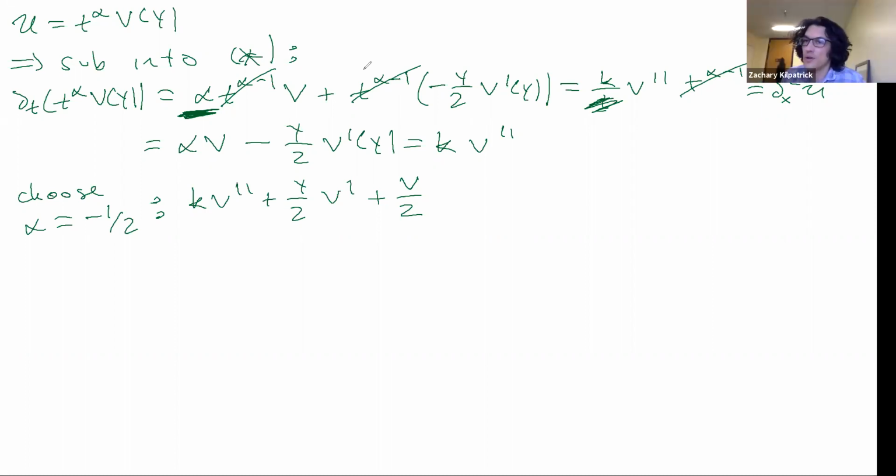So it's okay if self-similarity is not satisfied at the level of scaling, because we're not worried yet about satisfying initial conditions. It's just if there's any functional dependence on x and t aside from scaling, that needs to be self-similar.